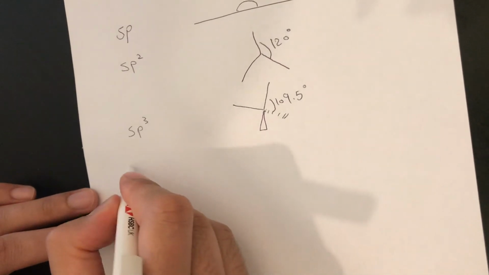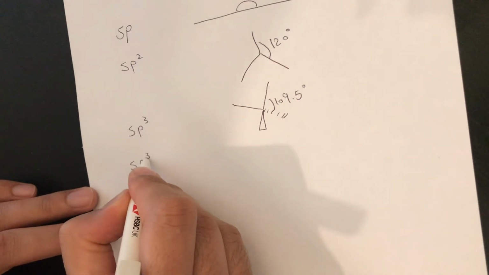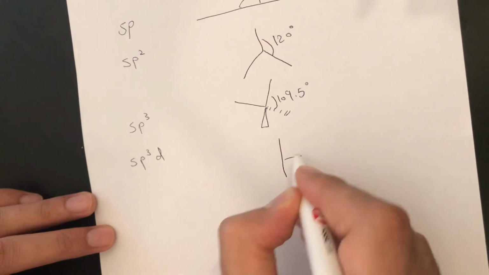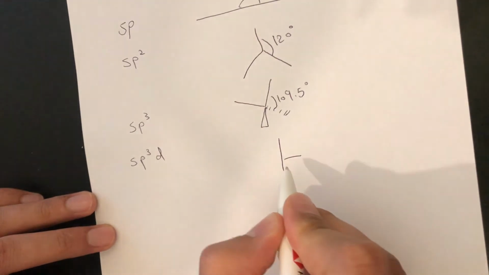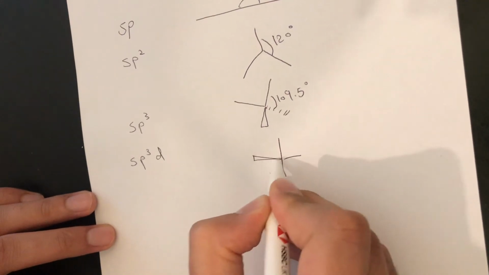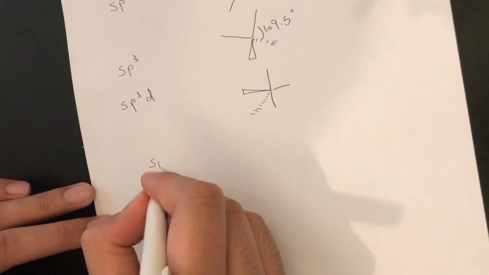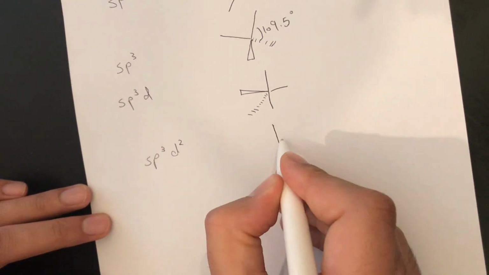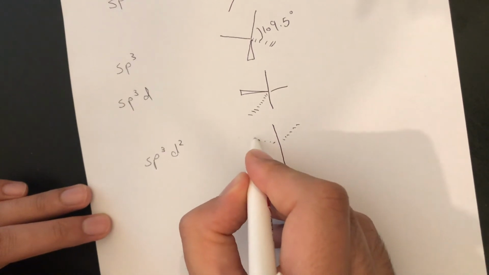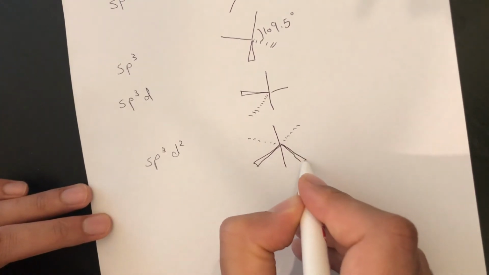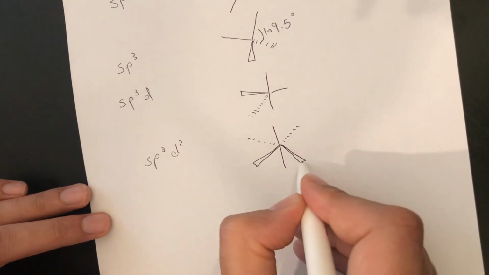And whenever you have sp3d, you may have a trigonal bipyramidal. And whenever you have sp3d2, you have octahedral.